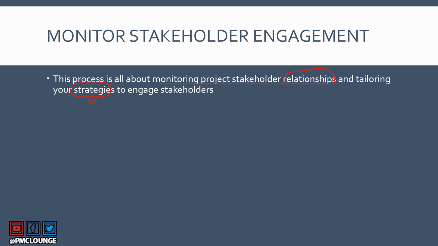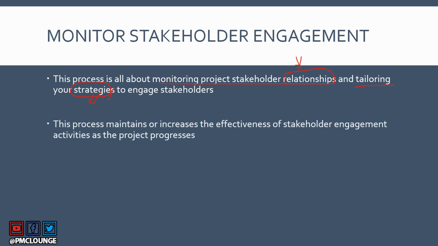So it is time that you monitor whether your stakeholder relationships are doing good, and if not, you should be tailoring your strategies to make sure that your relationships with your stakeholders are good enough for you to run the project successfully. So this is where you not just monitor how your relationships with your stakeholders are, but you can also tailor your strategies that you had decided in your stakeholder engagement plan.